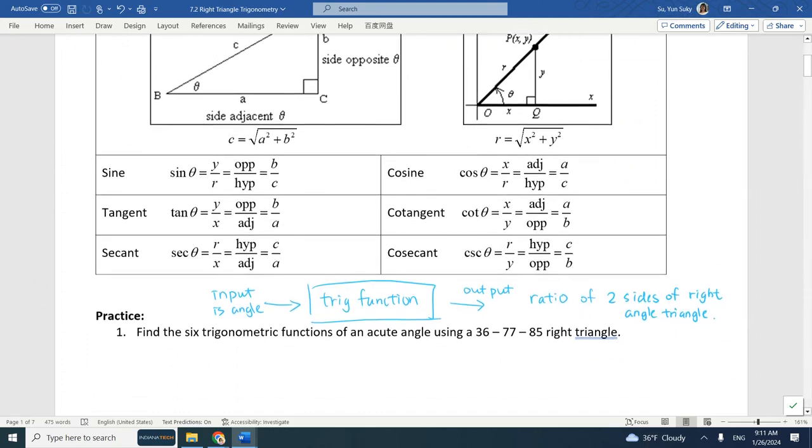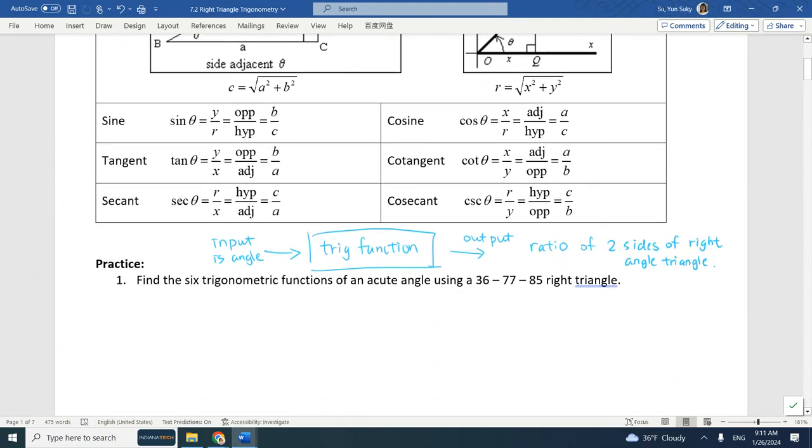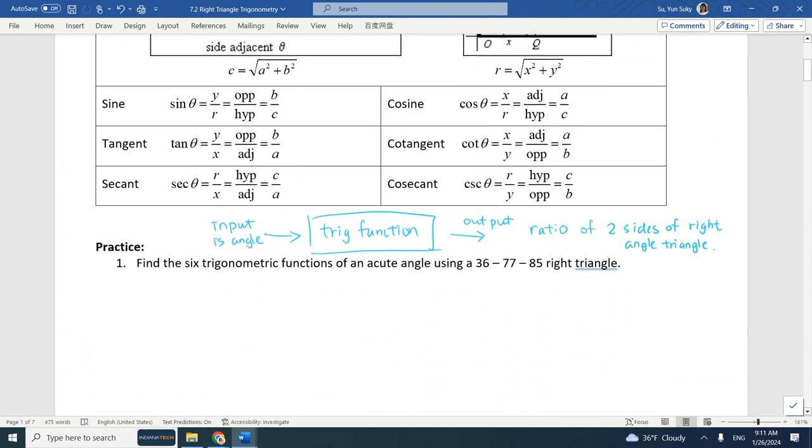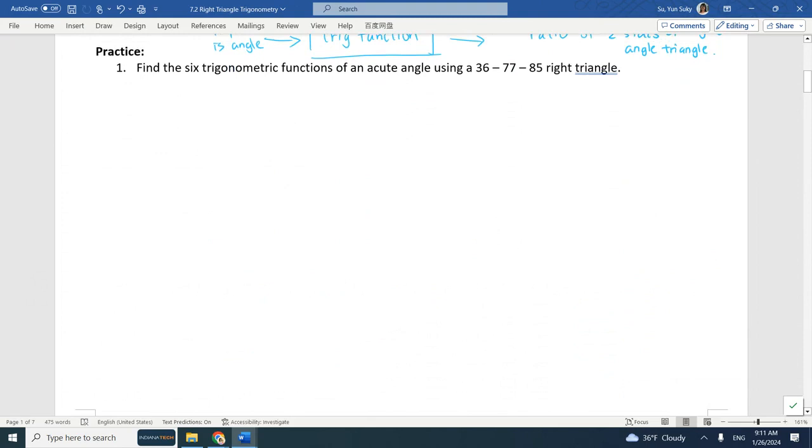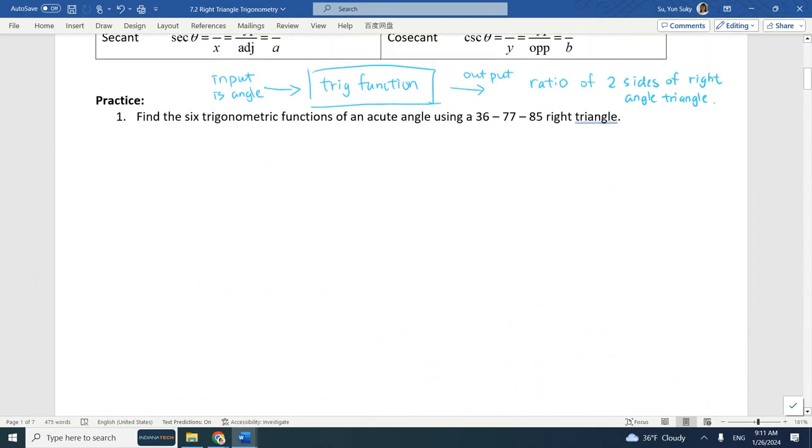Okay, now let's practice. Find the six trig functions of an acute angle using the 36, 77, and 85 right triangle. So let's draw pictures.